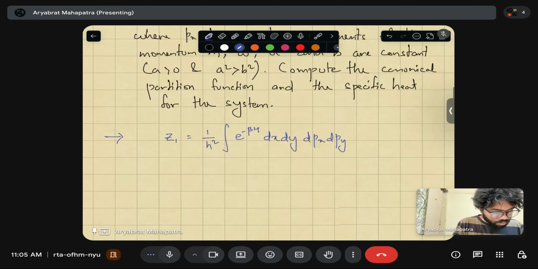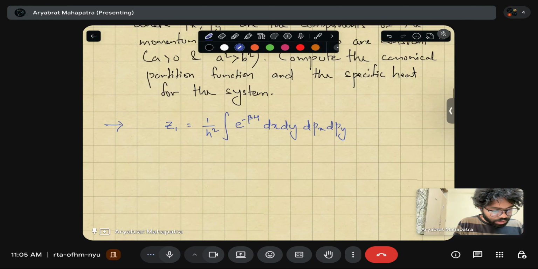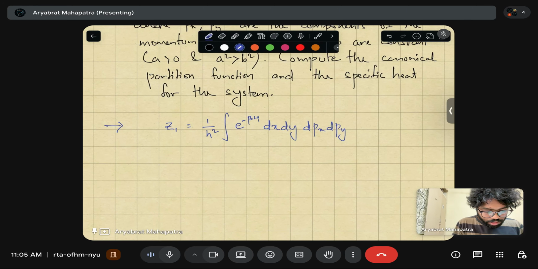If you first try to see the momentum integral, how this would go, let me write it.